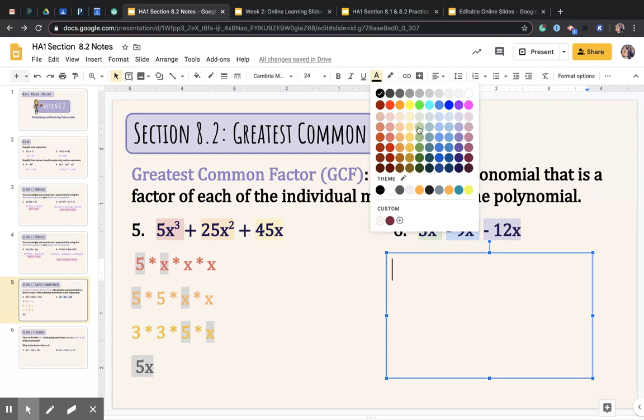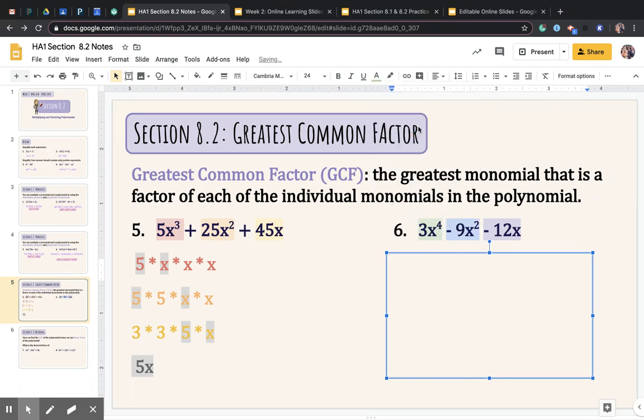So, looking at the green one, that is the same thing as 3 times x times x times x times x. That's what that means. Okay.